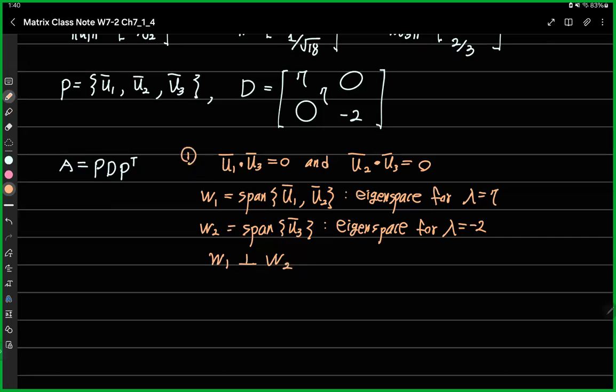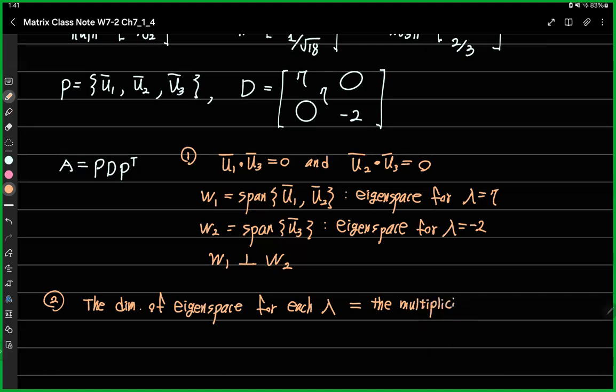The second observation from that example: the dimension of the eigenspace for each lambda is equal to the multiplicity of that lambda.